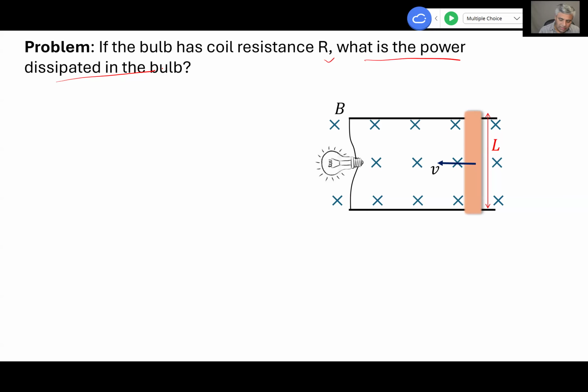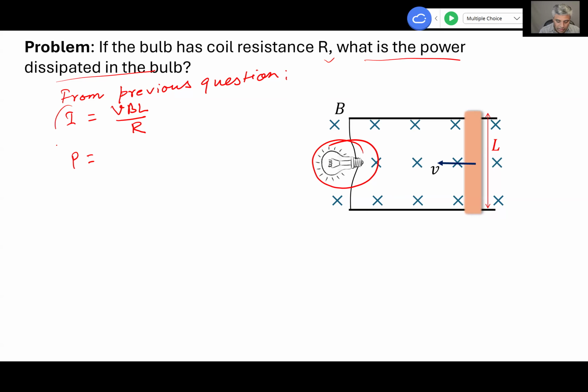We already learned from the previous question that I is BvL over R. That means the power that dissipates in a resistance, if we know resistance and current, we can write as I squared times R.